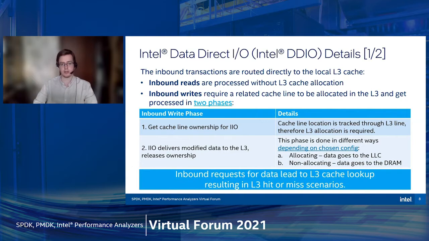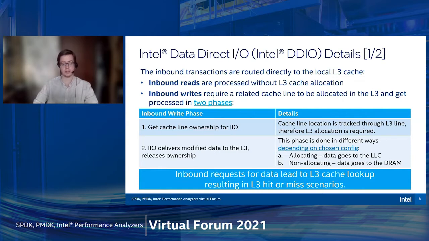The situation is a little bit different for inbound writes. When device wants to modify the data, then it needs to get a copy of this cache line, and the cache line location is tracked in the L3 cache controller, so cache allocation is required. So inbound writes actually require cache allocation, and they get processed in two phases.